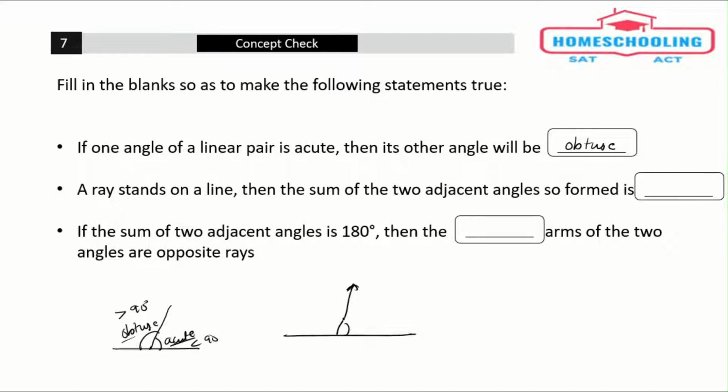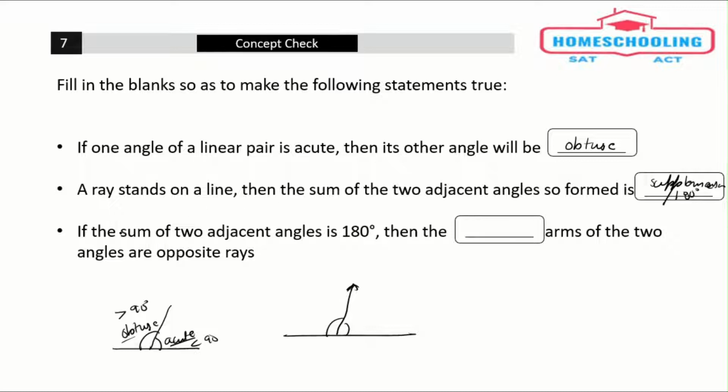The sum of these two angles would be supplementary. Supplementary means 180 degrees. So the sum of the two adjacent angles so formed is supplementary or 180 degrees.